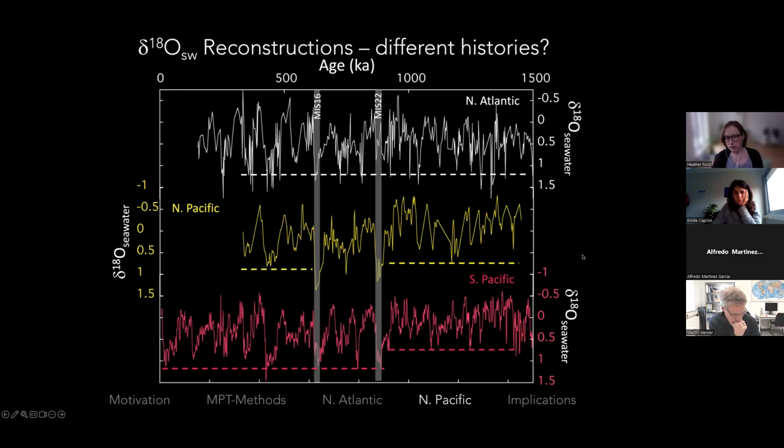And if you look at the South Pacific, again, we have a large step in the delta 18O seawater here at marine isotope stage 22. That implies we had a large persistent growth in ice volume after marine isotope stage 22. So, which is it? We obviously have many regional histories depending on which ocean basin we're looking at.